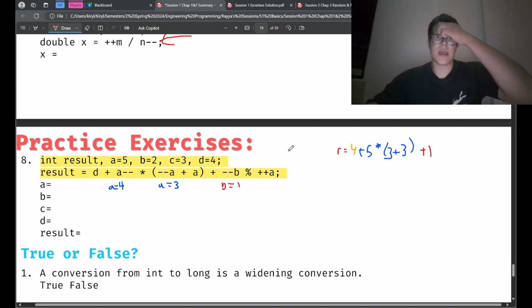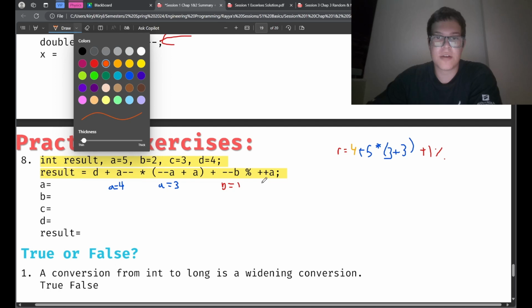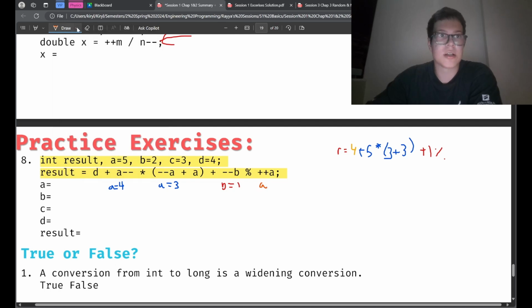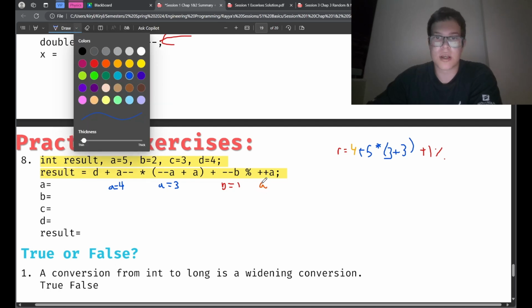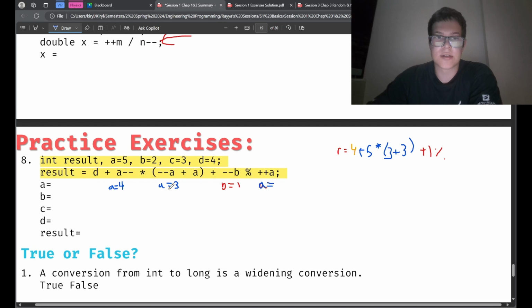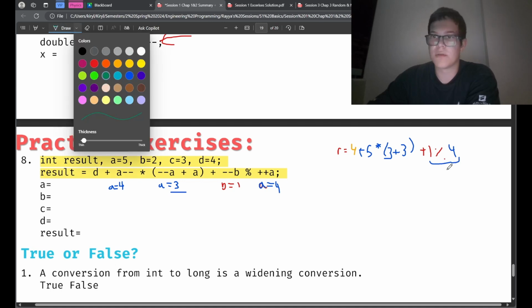And then I have minus b modulo plus a. The new a is, the old a is 3, becomes 4. So 4 does not fit any time, so 1 modulo 4 is going to be equivalent to 1.